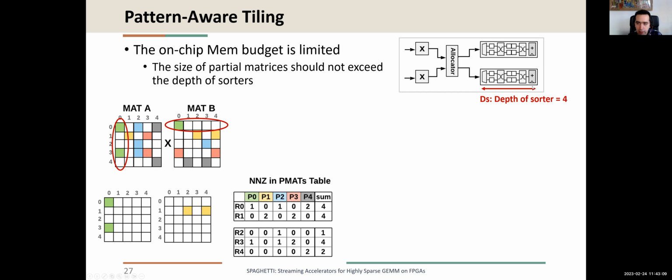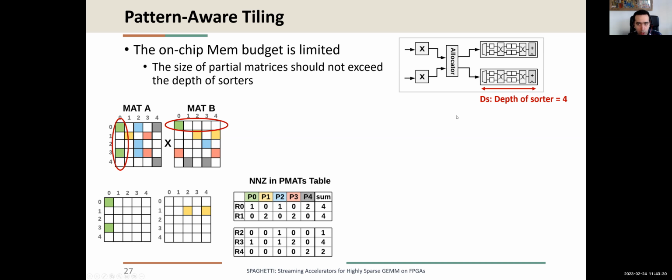That means that if you look at the depth of the sort mergers, the depth is 4. R0 is an even row. R1 is an odd row. If I send R0, that will occupy my sort merger, and I cannot send any more even-numbered rows to the sort mergers.